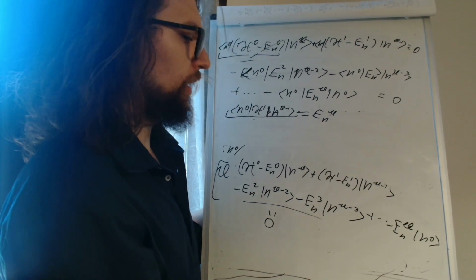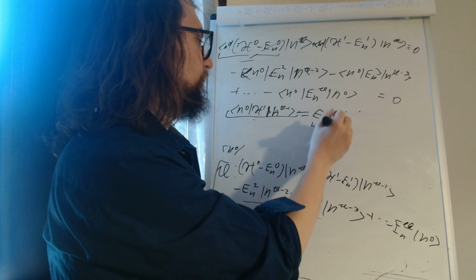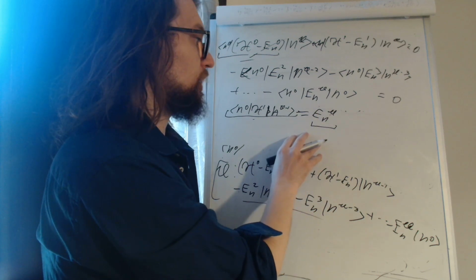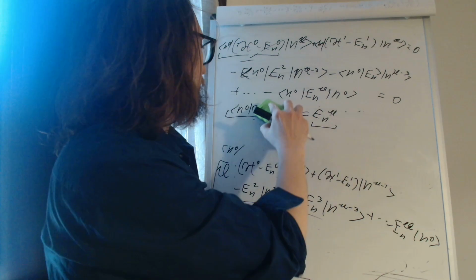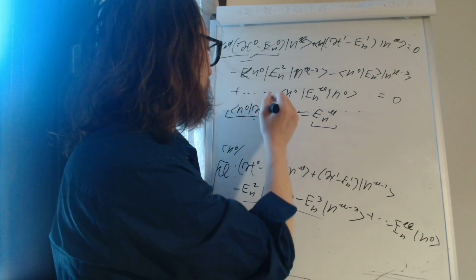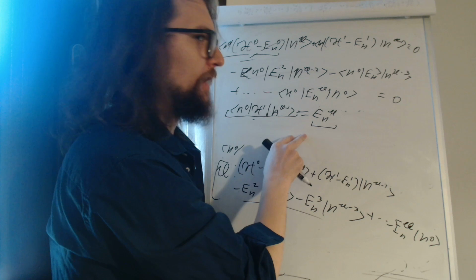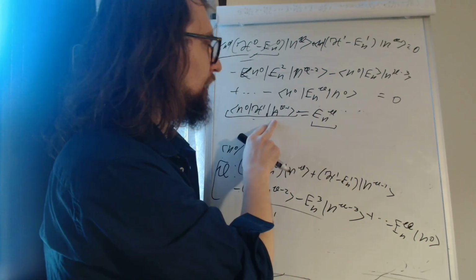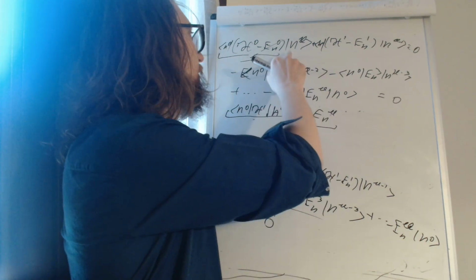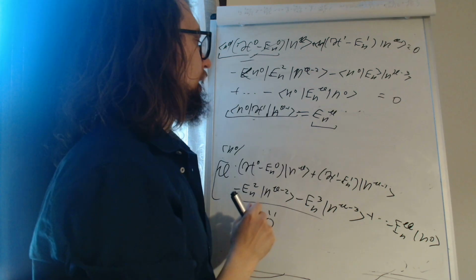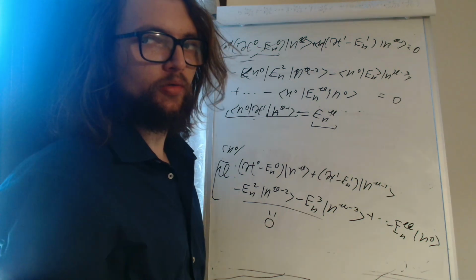So we can get very simply the formula for the correction term of degree k, which is n0 h1 n(k minus 1). So to know the correction of degree k, you only have to know the correction in the eigenstate of degree k minus 1, because the correction of degree k was cancelled out here, and all the other degrees were cancelled out by orthonormality.